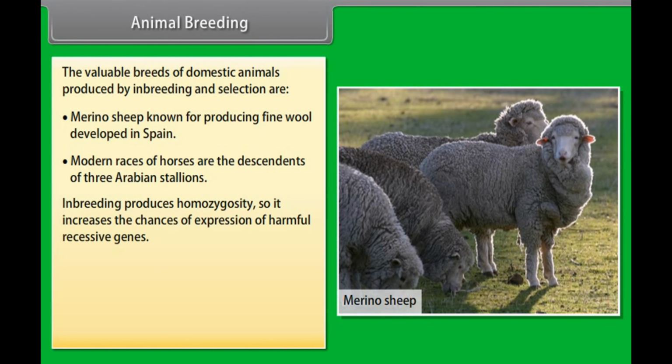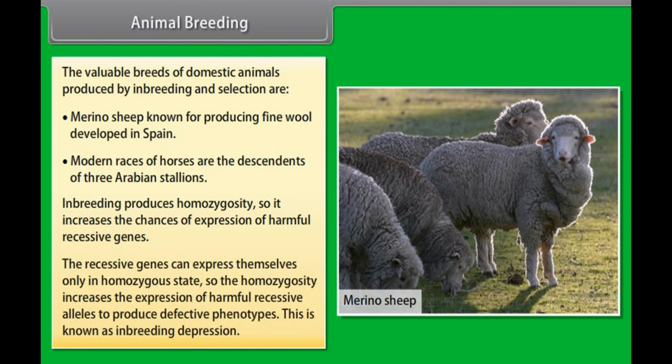Inbreeding produces homozygosity, so it increases the chance of expression of harmful recessive genes. The recessive genes can express themselves only in the homozygous state, so the homozygosity increases the expression of harmful recessive alleles to produce defective phenotypes. This is known as inbreeding depression.